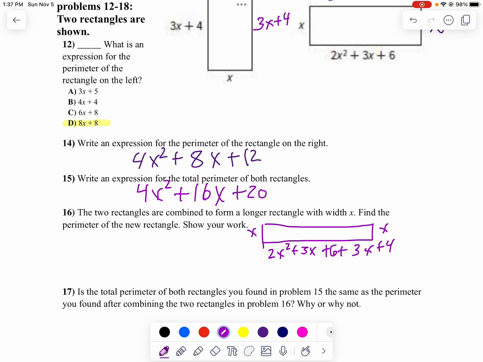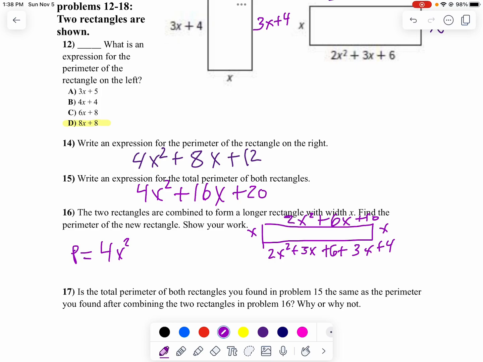And so if I write that on top here, I'm going to say 2x squared. And then 3x plus 3x is plus 6x. And then 6 plus 4 is 10. That's really what I have there. Now, my perimeter then, when I combine them, well, 2x squared plus 2x squared is 4x squared.